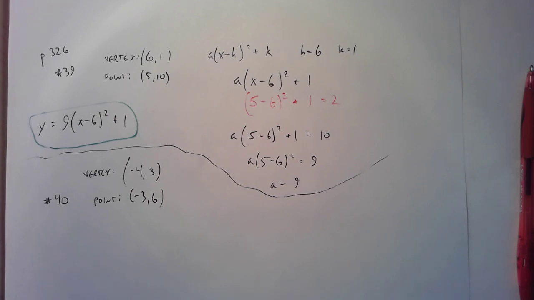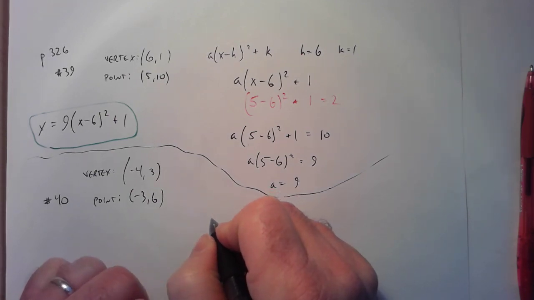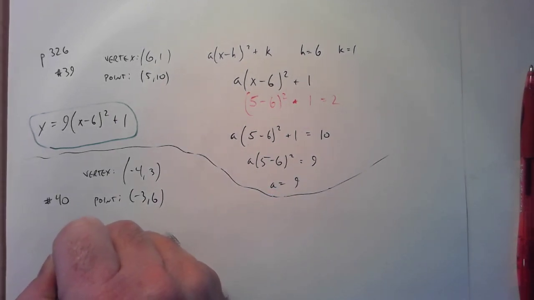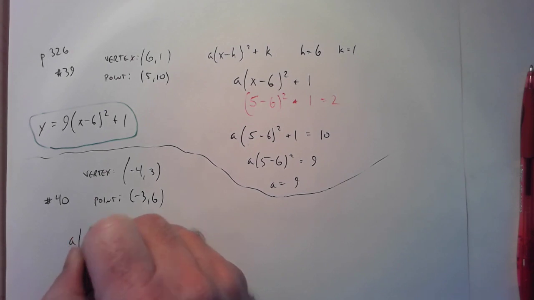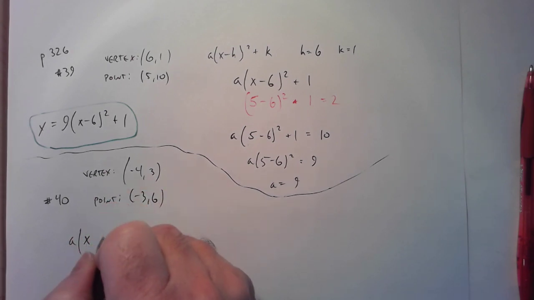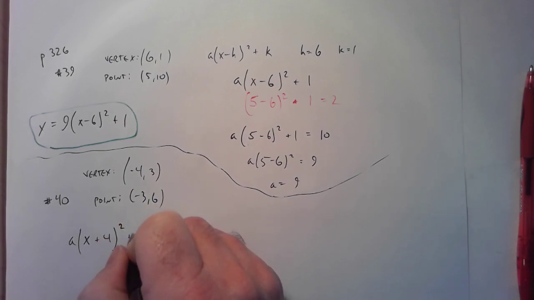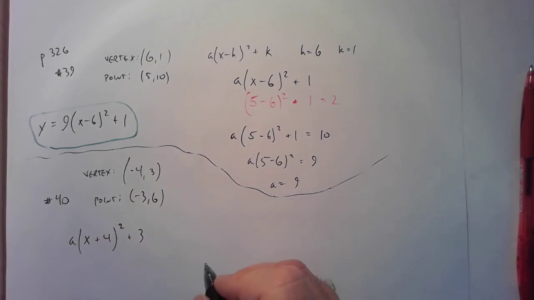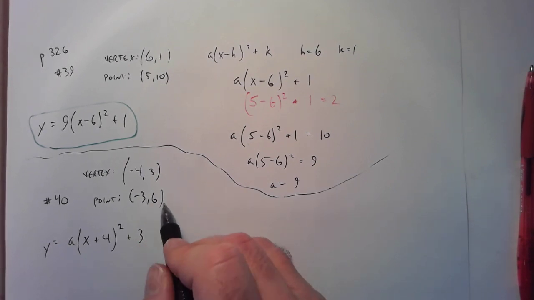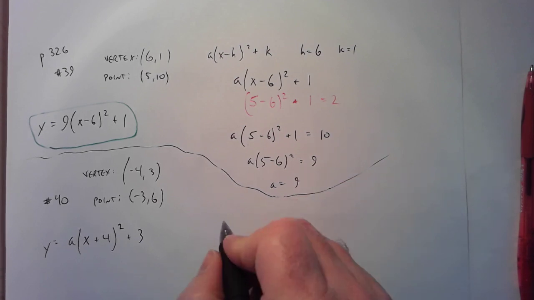Since I've got a vertex, I know that it's going to be something like a of x minus negative 4 plus 3. So the equation is going to have that form. We just don't know what a is yet. So let me fill in those values for x and y, then we can solve for a.